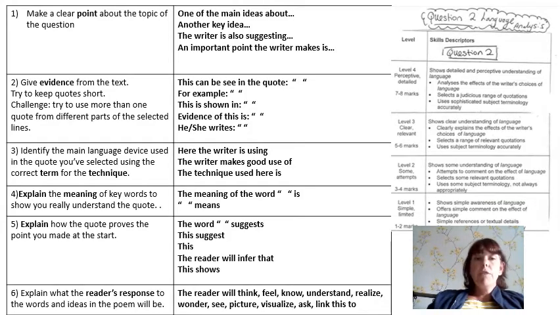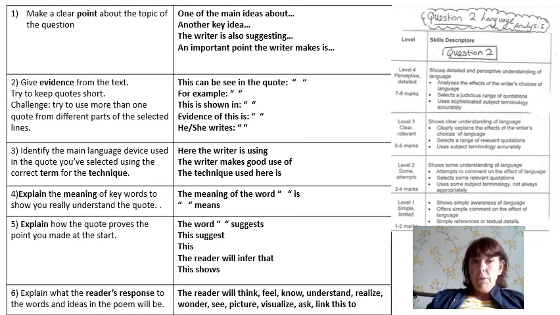And what I've got for you on this slide is just a reminder of how you can structure a Peter paragraph. Remember, you want to make a clear point. You want to give evidence from the text. The best kind of evidence you can give is short embedded quotations, preferably giving more than one if you can to back your point up. You want to try and identify a language device using the correct term.